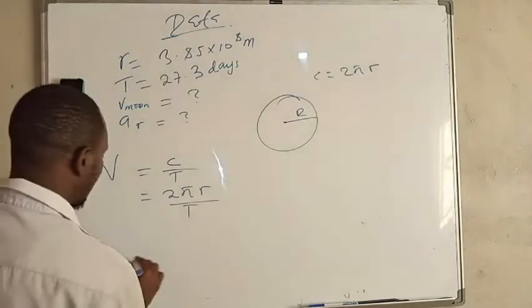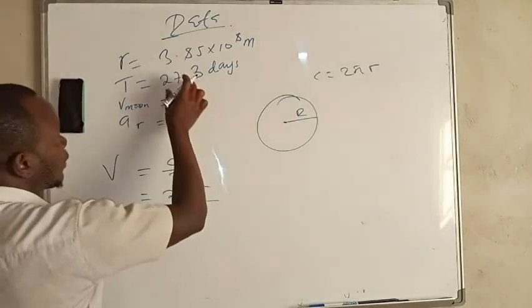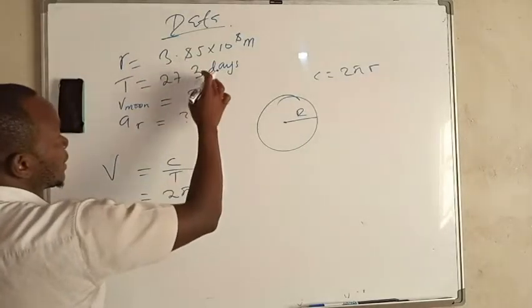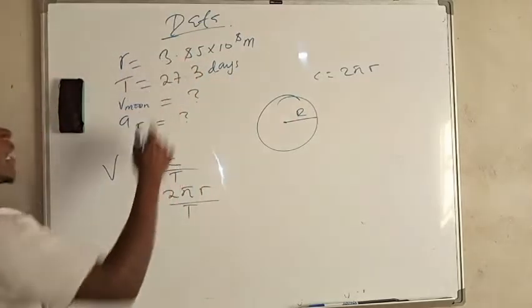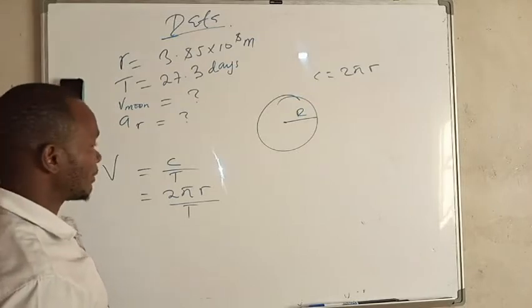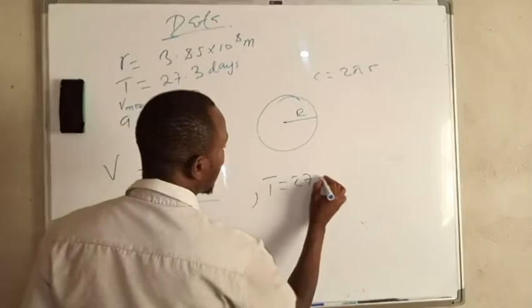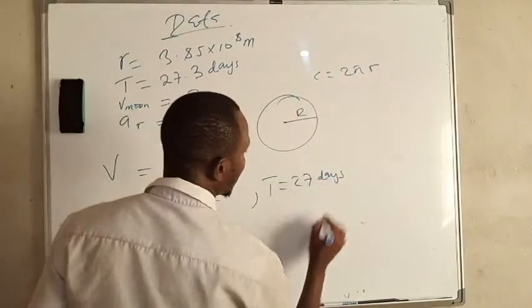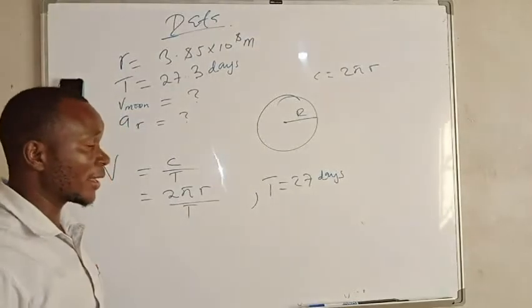The T that we've been given is 27.3 days, and the r is 3.85 times 10 to the power 8 meters. So our T is 27 days, but we need to convert this into SI units.